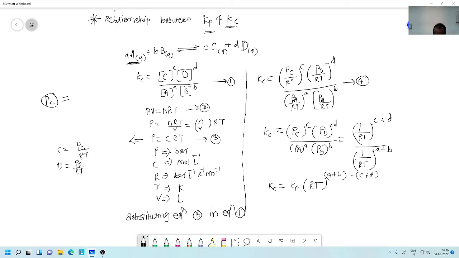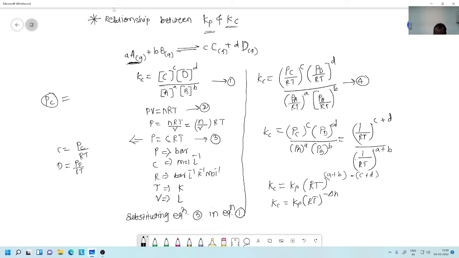Therefore, Kc is equal to Kp into RT raised to minus delta n. Why? The product is in the negative sign, therefore minus delta n.